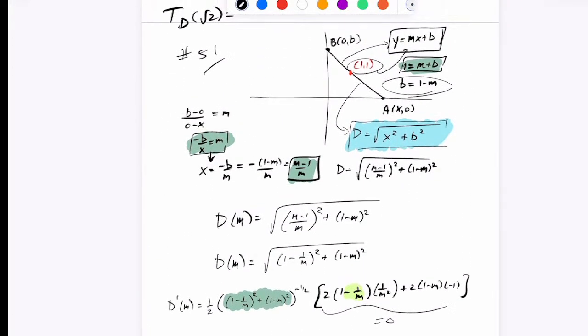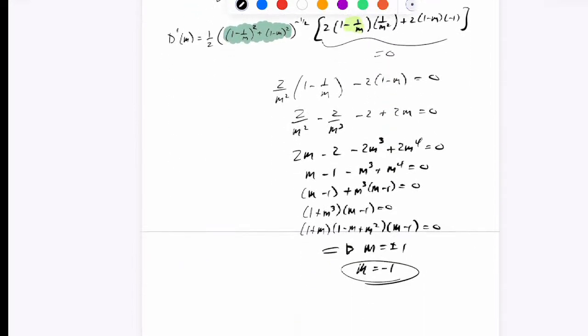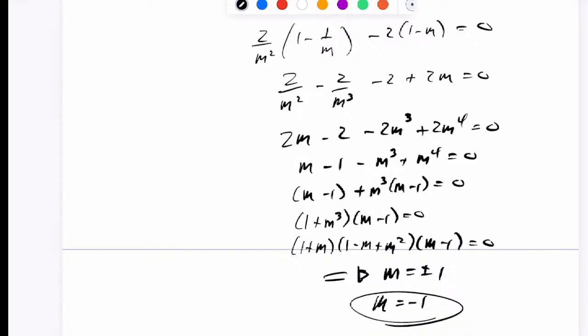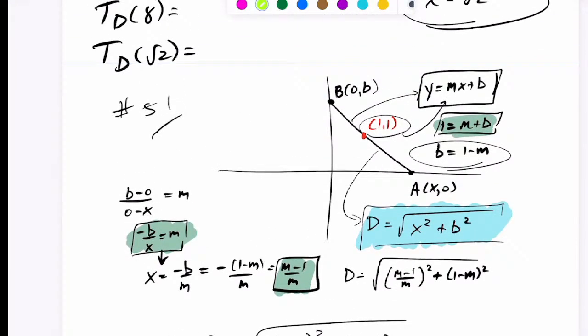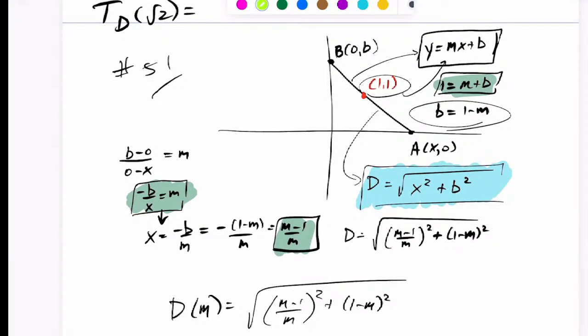But rest assured, this is not one I would put on the test. But I mean, you guys asked it. So the answer actually is m equals minus 1. Just so you know, this is the answer. But I'm not putting this on the test. But people asked it, and I still think you can learn something from it. But I'm not going to put something like this one. It's not what I was looking to do.